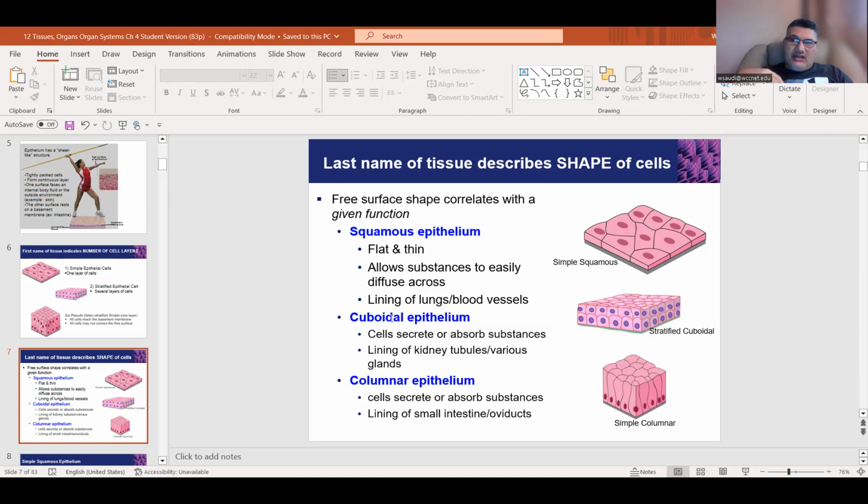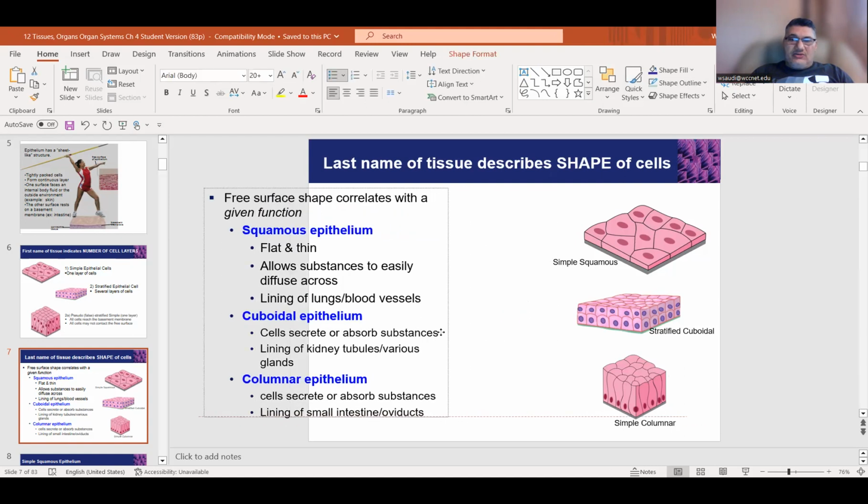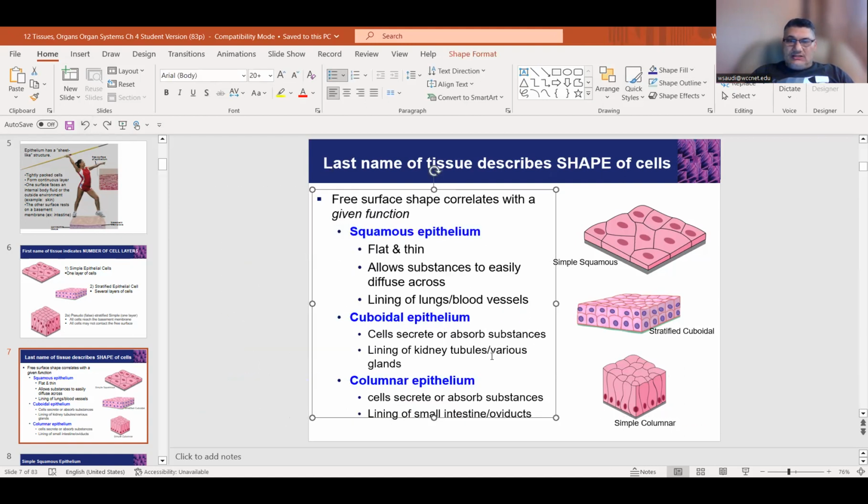Where are we going to find it? Well, understand the shape, understand the function, and now you will know where it is. So the shape, it looks like a cube. What's the function? Secretion and absorption. Do you remember absorption?